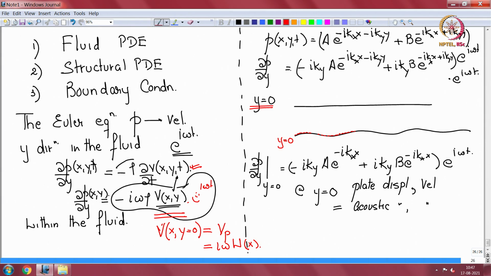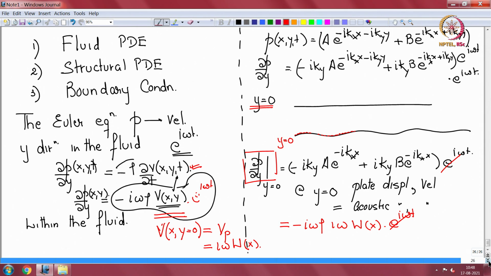So I have this term equal to minus I omega rho into I omega W of x. I can keep e to the power I omega t because it is there. In future I will cancel it from both sides.